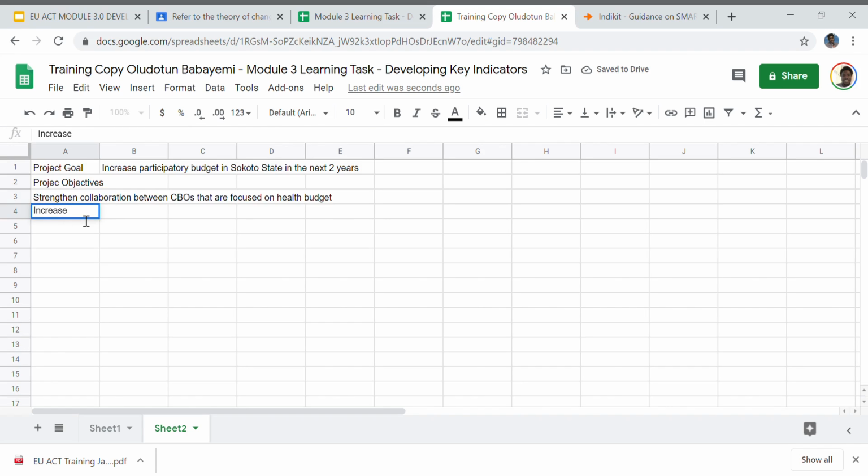Increase knowledge around health budget amongst focus professional groups.